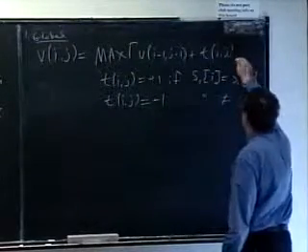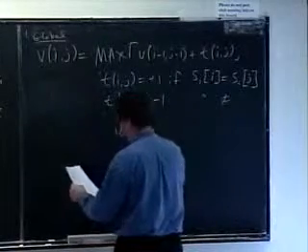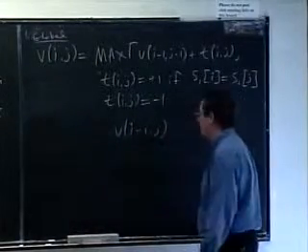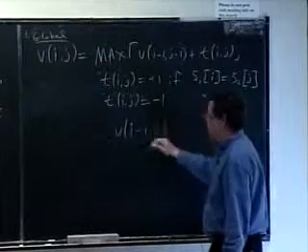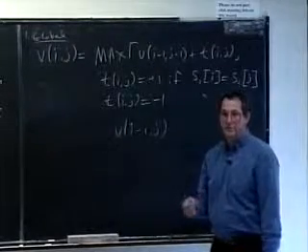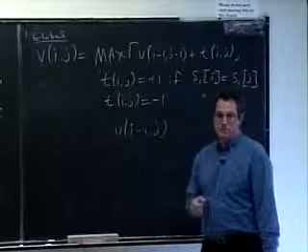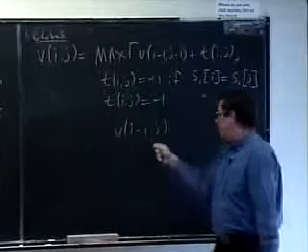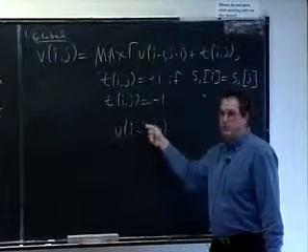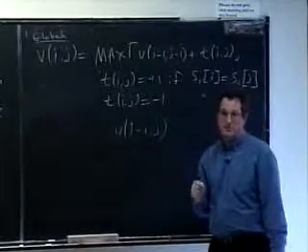So that's one possibility. Another possibility is V i-1, j. We're just going to take the first i-1 characters of S1, but we're going to use all j characters of S2. What does that mean for the ith character? What's the ith character of S1 doing in this case? Where is it aligned? If you use up all the j characters of S2 with only the first i-1 characters of S1, the ith character of S1 is sitting there opposite a space.